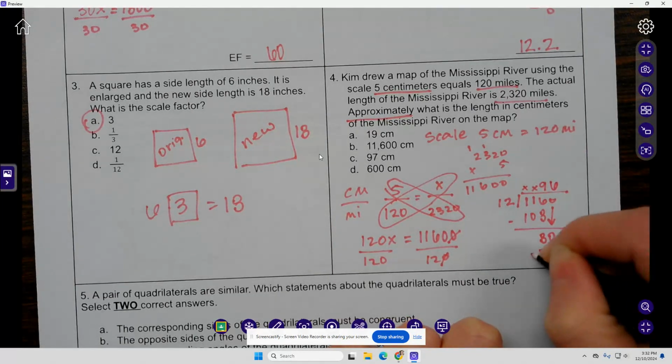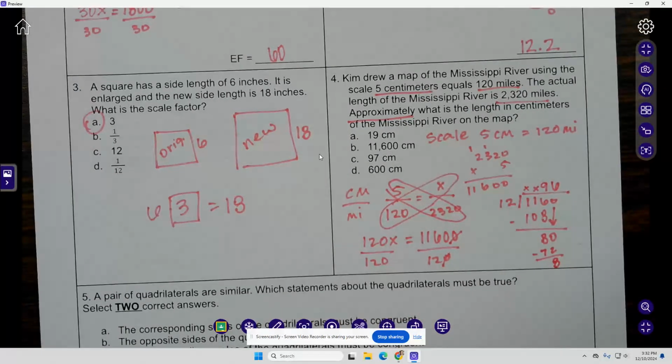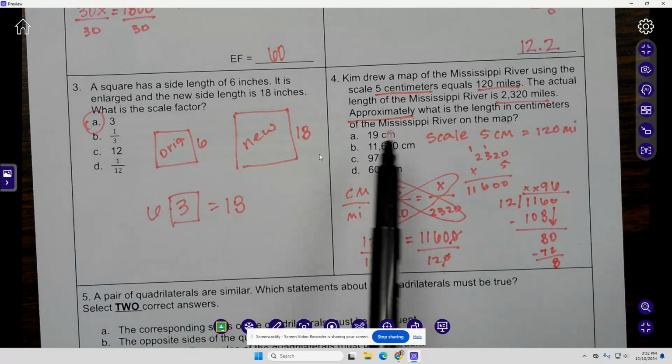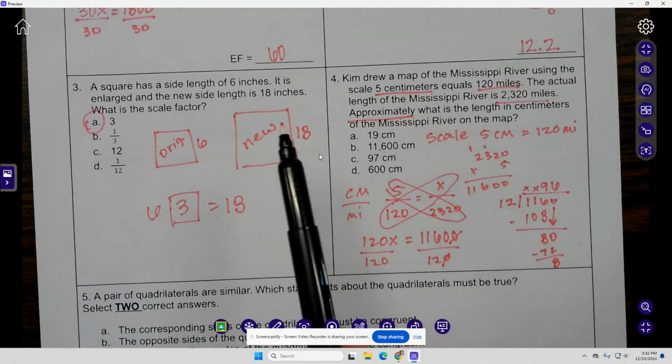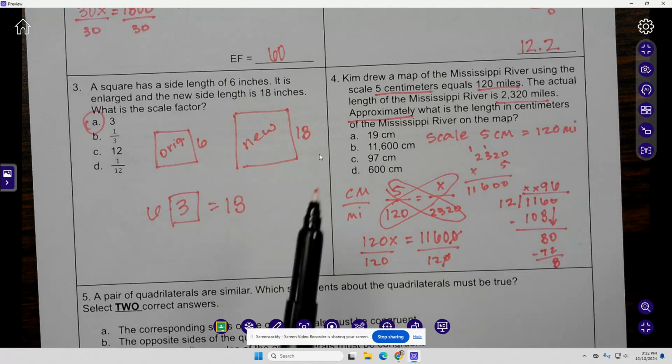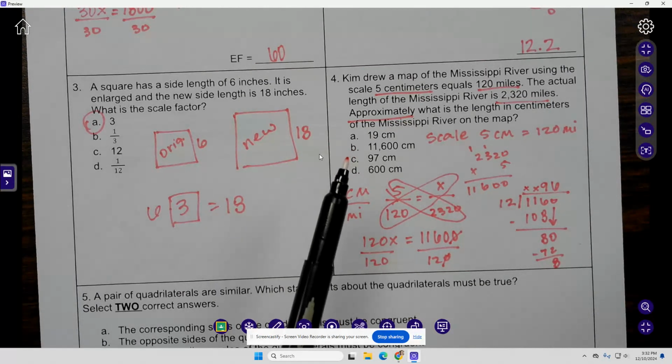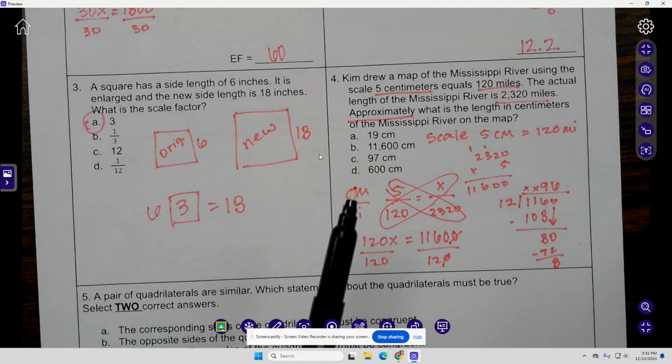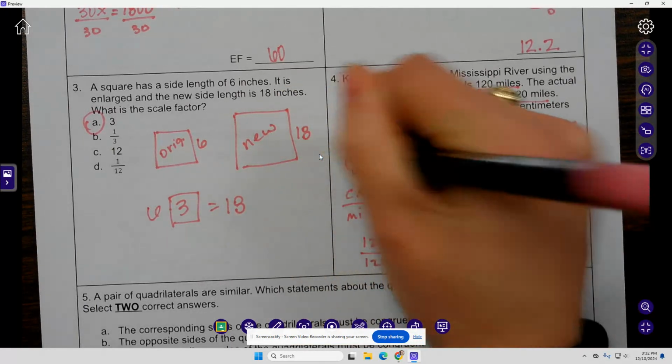That's 72. Okay, and I see that I'm going to have a decimal. But if we remember our question, that word approximately means like closest to. And so if we look at our answer choices, 19 isn't close, 11,600 isn't close, 600 isn't close. So my answer here is C, 97.